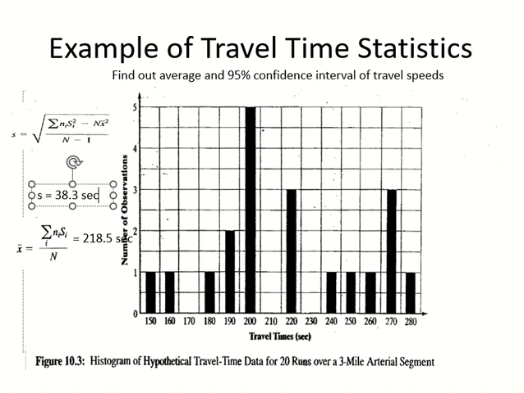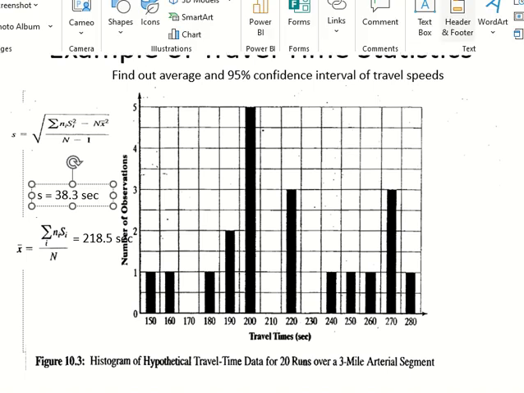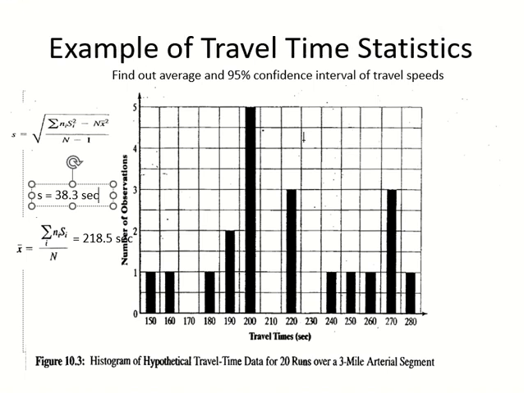First of all, let us find out the average speed, because we already have the average time. So give me the average speed. How much is the length here? 3 miles. So this is your average time.